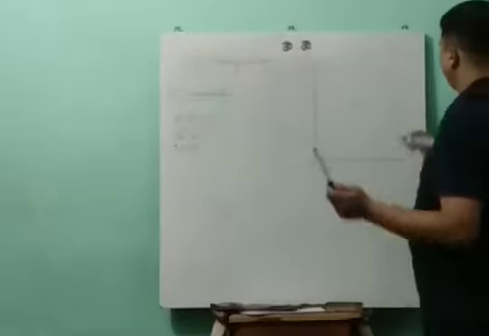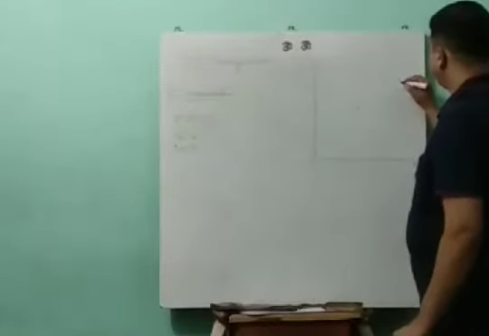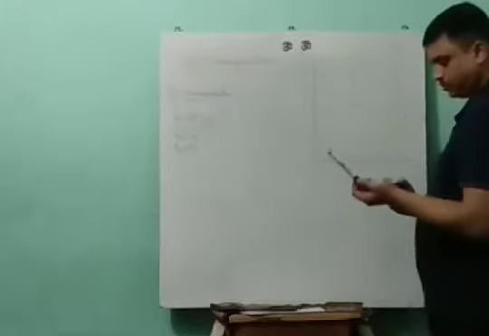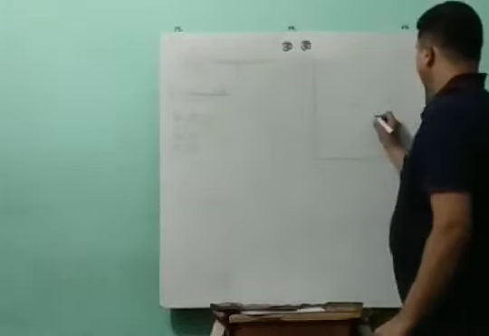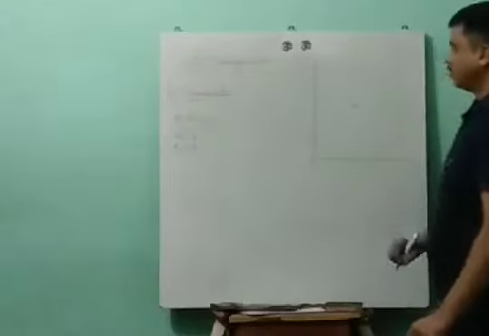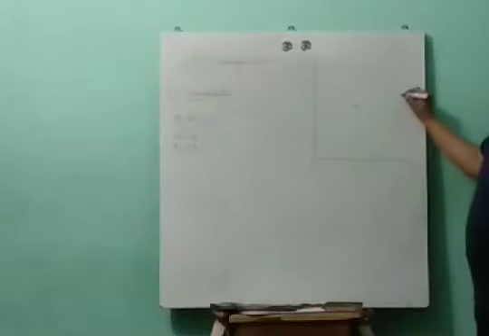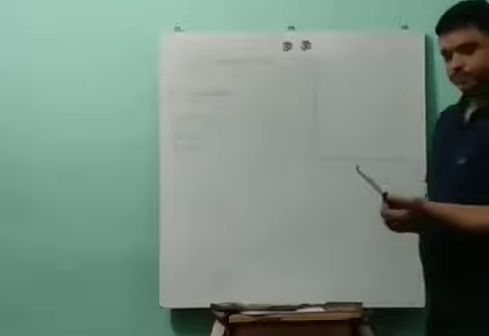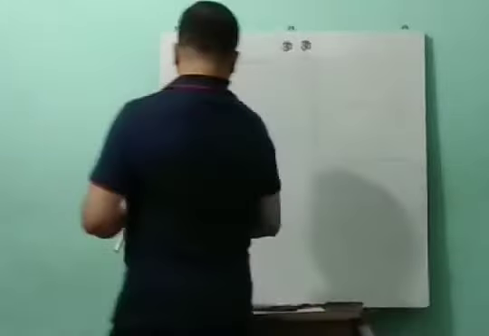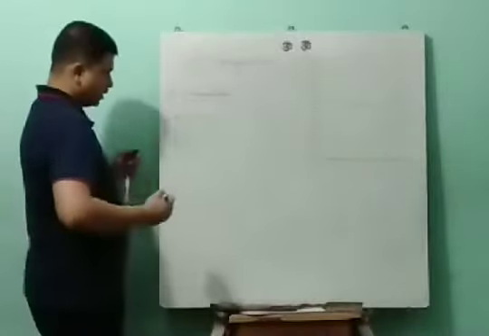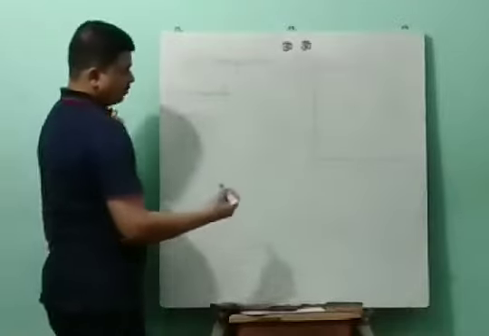So now we need to calculate the final coordinates of this P dash. So here this is 4 units, this is 2 units. Clear? So now we solve this problem in a graphical way first.